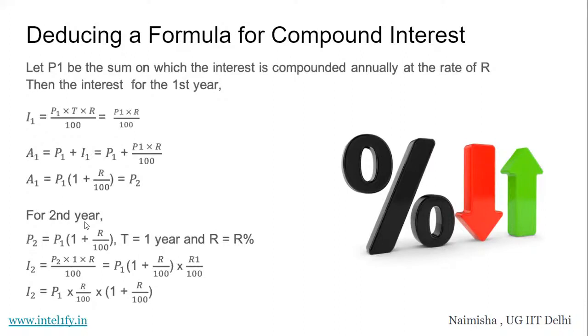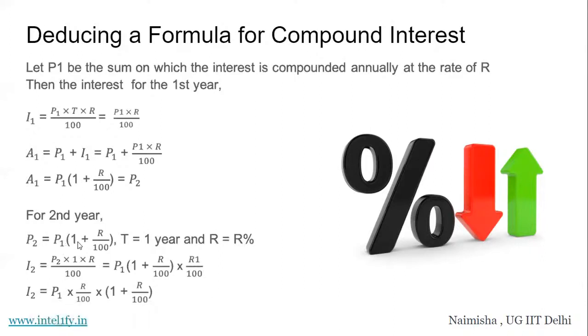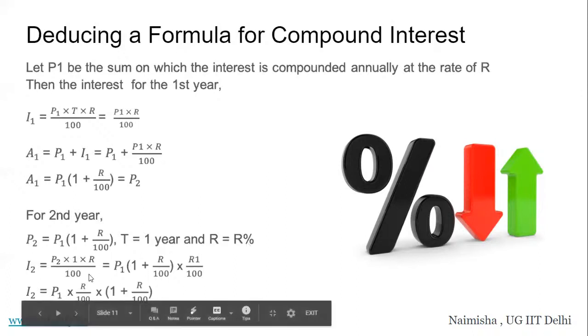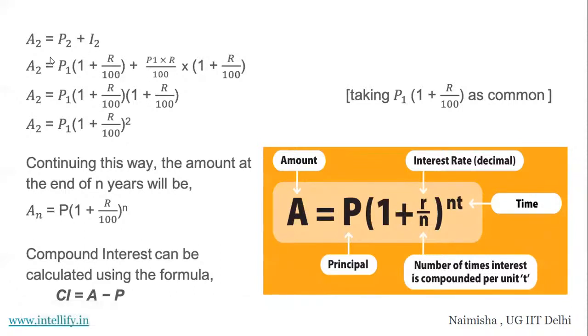Similarly, when we calculate for the second year, the principal amount here becomes the amount of the first year, which is principal amount 1 into 1 plus R by 100, time 1 year and rate R%. The interest turns out to be principal amount into rate by 100 into 1 plus rate by 100. The amount becomes principal amount 2 plus interest 2.